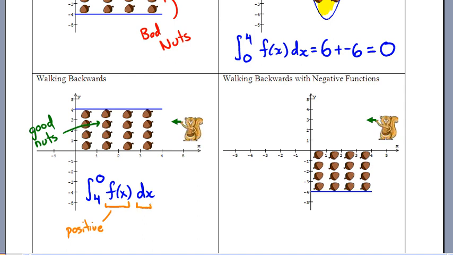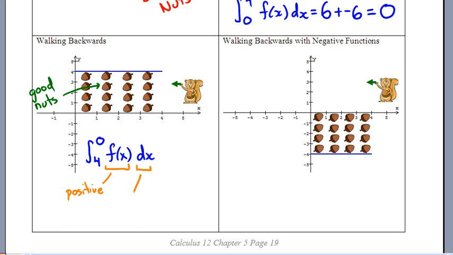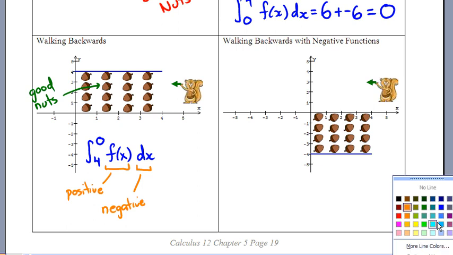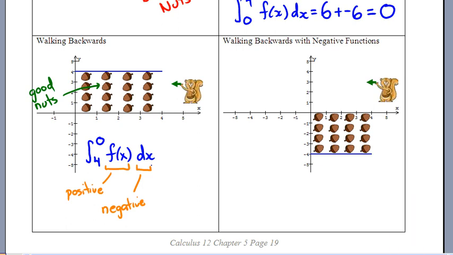But the dx's, those are the widths of those rectangles. If that chipmunk's going to walk backwards like that, then we would say all of the dx's are negative. And so in this case, when you multiply positives by negatives, you get negative nuts as you throw them away. So this is going to be a negative 16 from the calculus. The equivalent, you know, you're throwing away good area, right? You're throwing away good nuts.